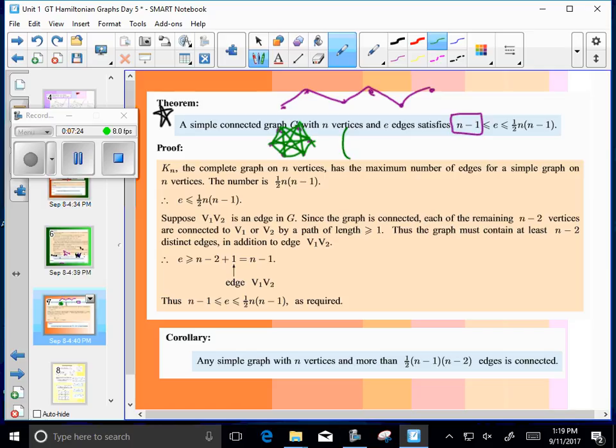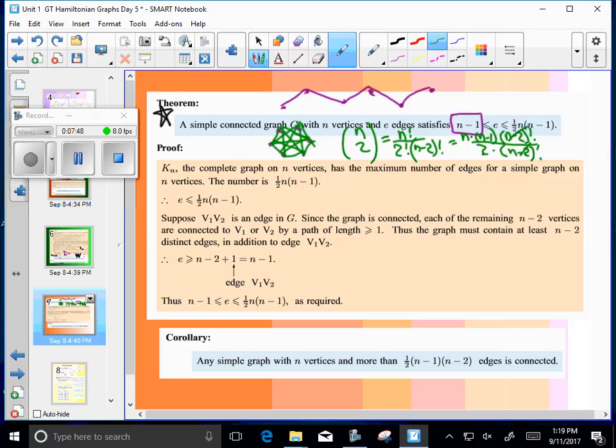So we showed that with n choose 2 was the shortcut. N factorial over 2 factorial times n minus 2 factorial. So it's going to be n times n minus 1 times n minus 2 factorial over 2 times n minus 2 factorial. Do you see where n times n minus 1 over 2 comes from?